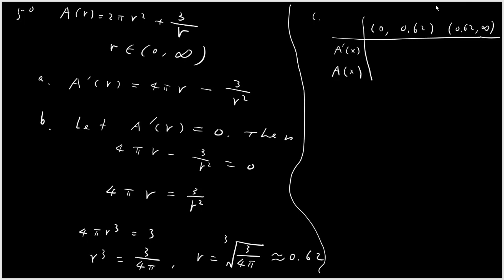I believe the sign here is negative, and the sign of the derivative on the interval from 0.62 to infinity is positive. So the function is decreasing on the interval from 0 to 0.62 and increasing on the interval from 0.62 to infinity.